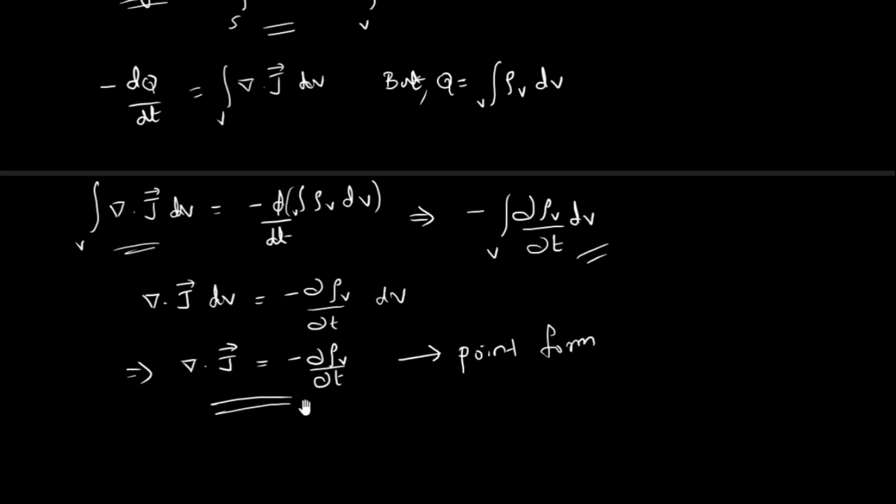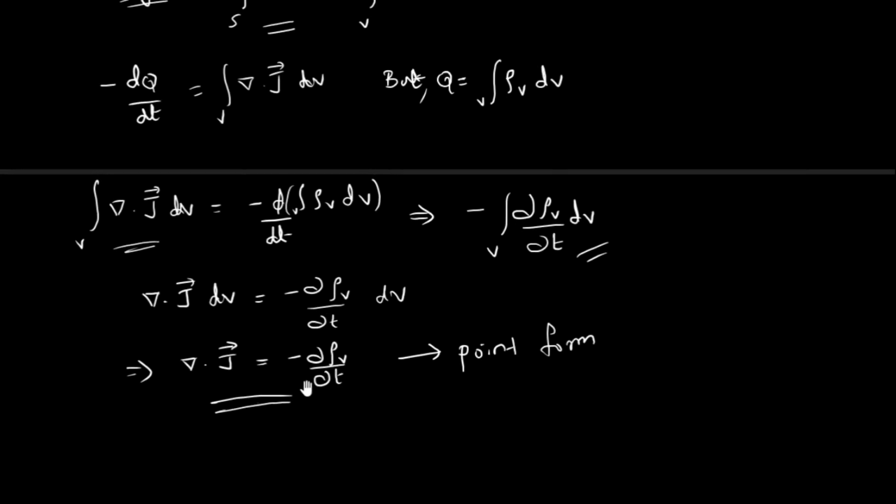What this equation tells you is that the current, or charge per second, that is what del dot J represents: the charge per second diverging from a small volume per unit volume is equal to the time rate of decrease of, because it is minus, ∂rho v by ∂t, the time rate of decrease of rho v.